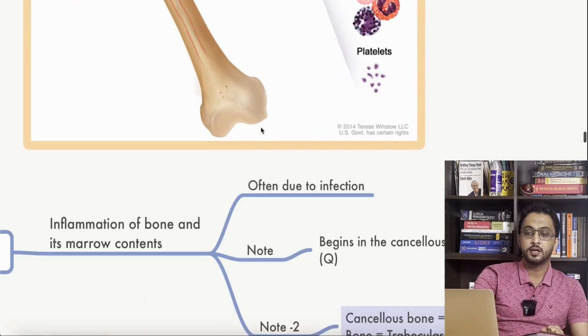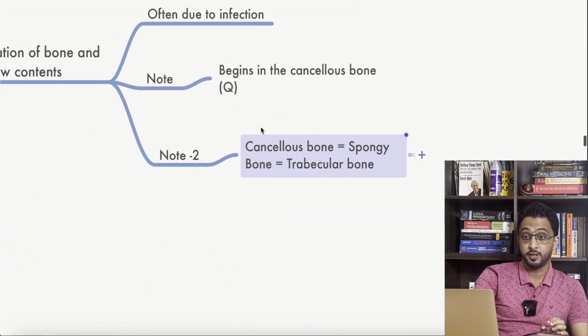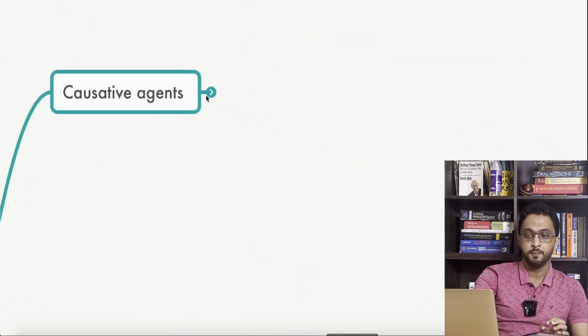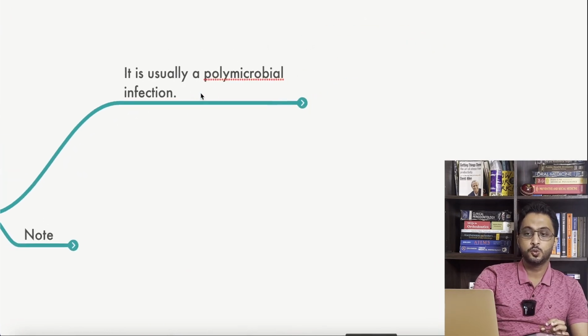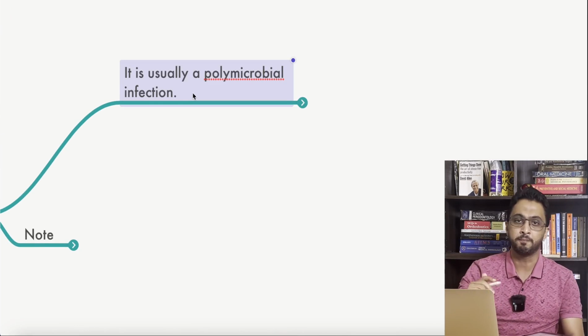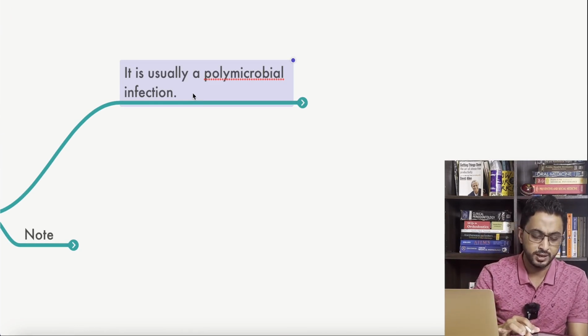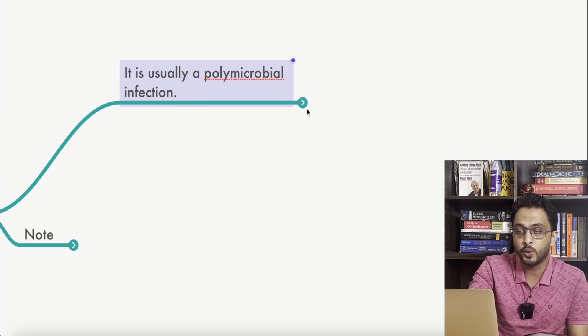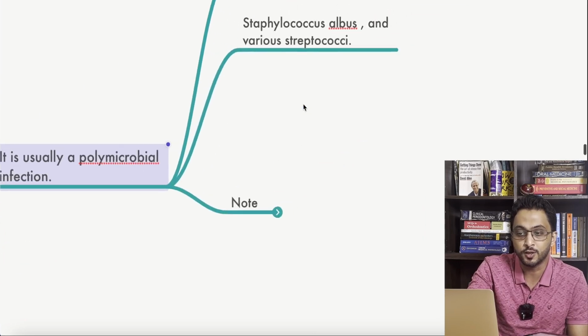Basically the cause is infection, so that is what we're going to come to next: the causative agent. Please note, it's usually a polymicrobial infection. In the NEET MDS exam, the term polymicrobial has very little significance. They ask which of the following most commonly causes osteomyelitis.